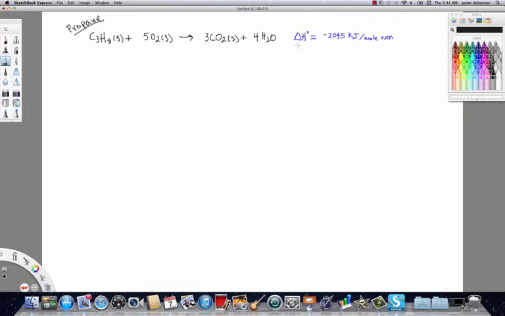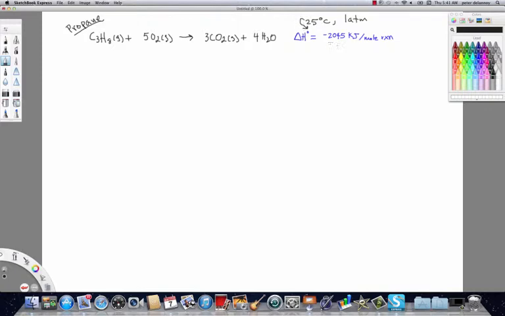This is the amount of heat energy that is released when this particular reaction is carried out at the thermodynamic standard state, which is at 25 degrees centigrade and 1 atmosphere of external pressure. That's what the naught means right here.